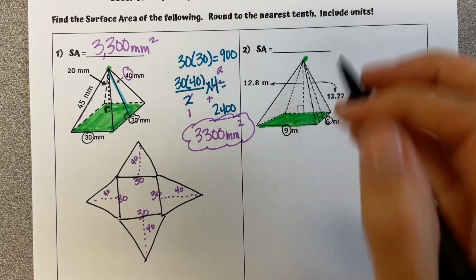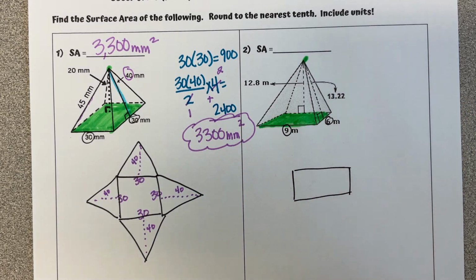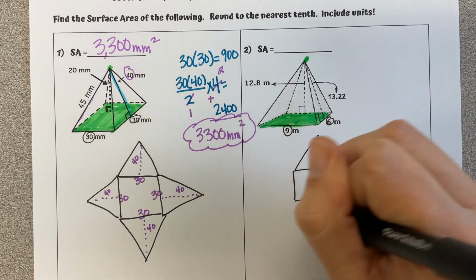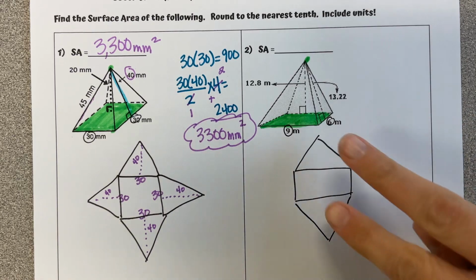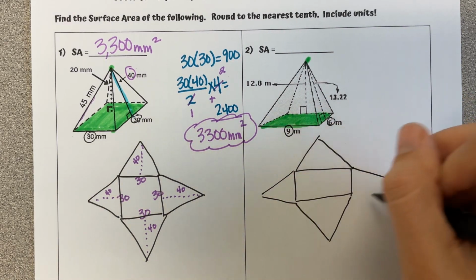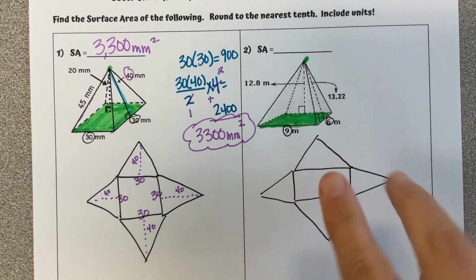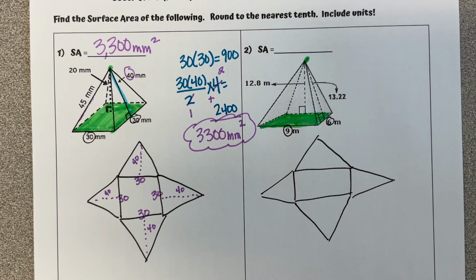It's not a square, it's a rectangle. If you want to draw your net out so it looks like a rectangle, you certainly can. The important thing to note here is that these two triangles would be congruent and these two triangles would be congruent. Not all four of them. There are two pairs since there's two different side lengths.